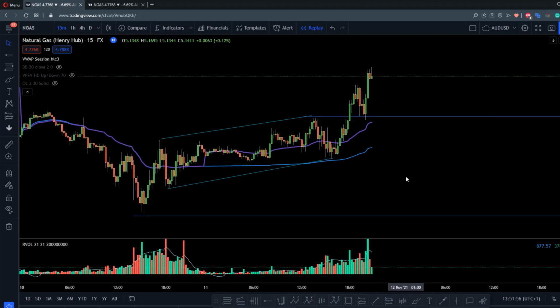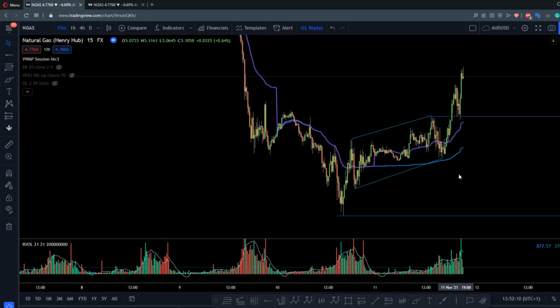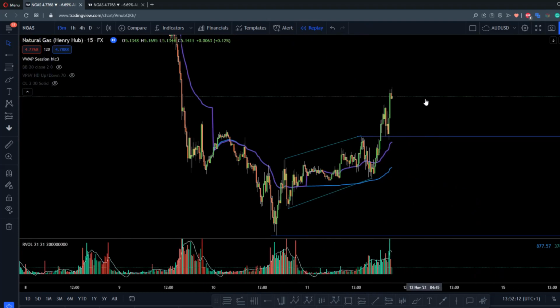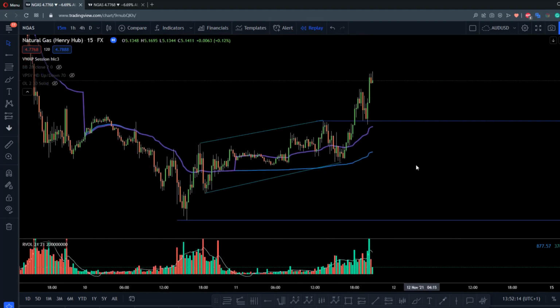Okay, so you can see that patterns and waves are really good concepts and they function as templates, but you always need to have context of a higher time frame, and intraday context helps you too, like VWAPs and market profile, volume profile.